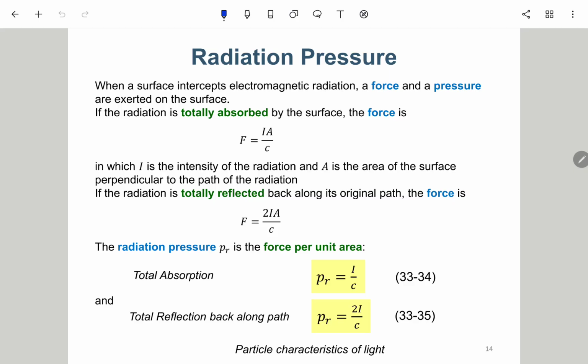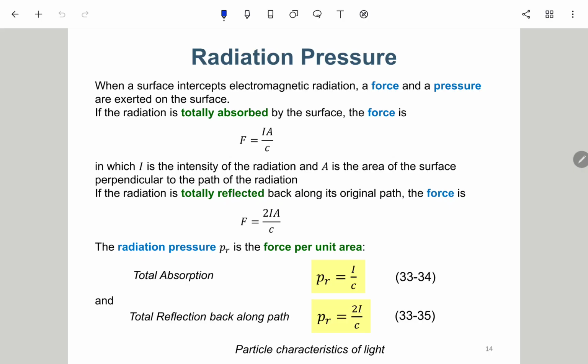So next we talk about the radiation pressure, just as what I mentioned. The EM wave has the characteristic of a wave because it is called a wave itself, but also it has a duality. It also has the characteristic of a particle. So radiation pressure is a kind of characteristic of a particle.